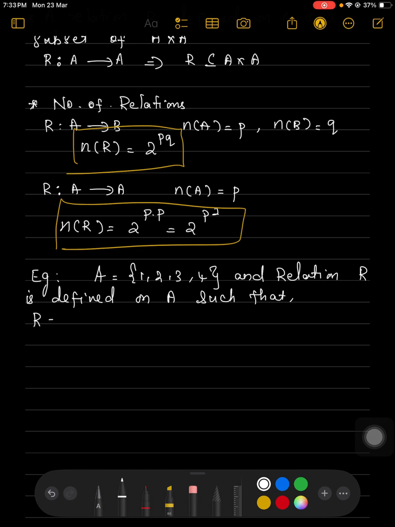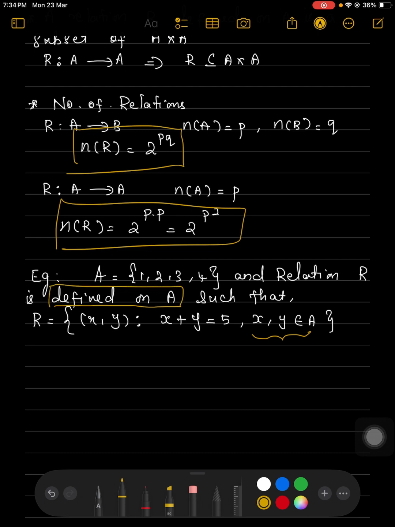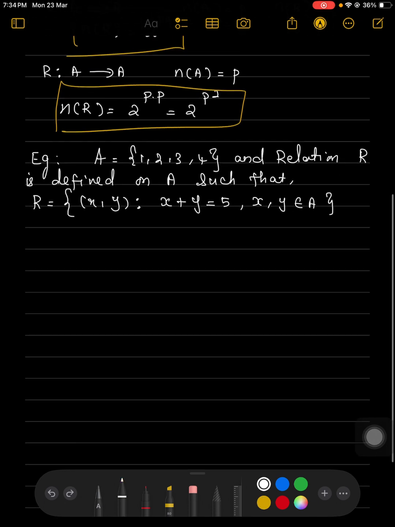R is equal to the ordered pairs (x, y) such that x plus y equals 5, where x, y belong to set A. This clearly indicates that the relation is defined on A. Though it is already mentioned, sometimes it is specially given in the question. Okay. Now let's see what are the elements that come under the relation.